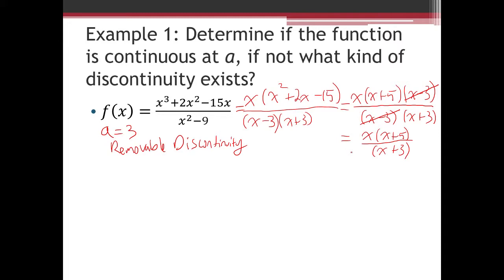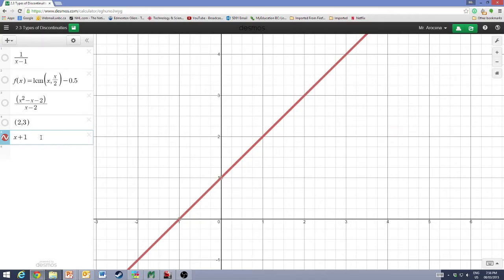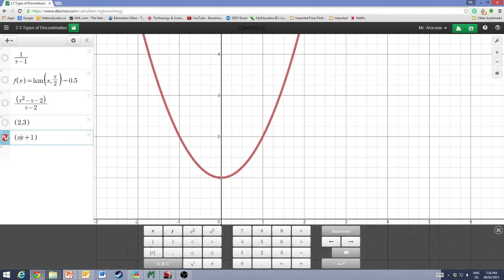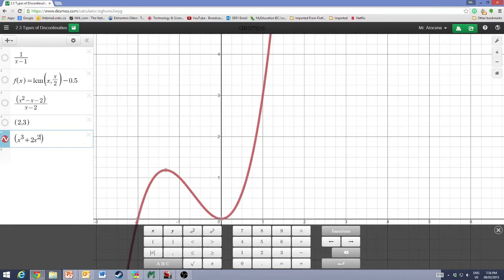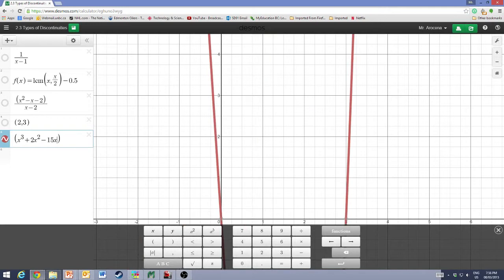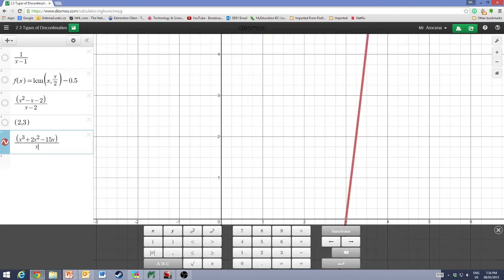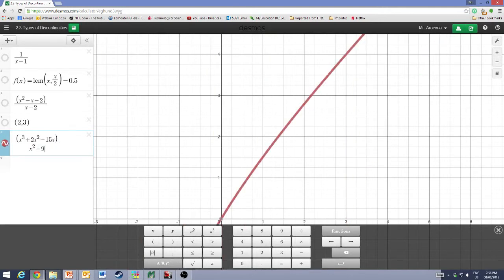And let's plot it just to be certain that it is a removable discontinuity. My function was x cubed plus x squared minus 15x, divided by x squared minus 9.